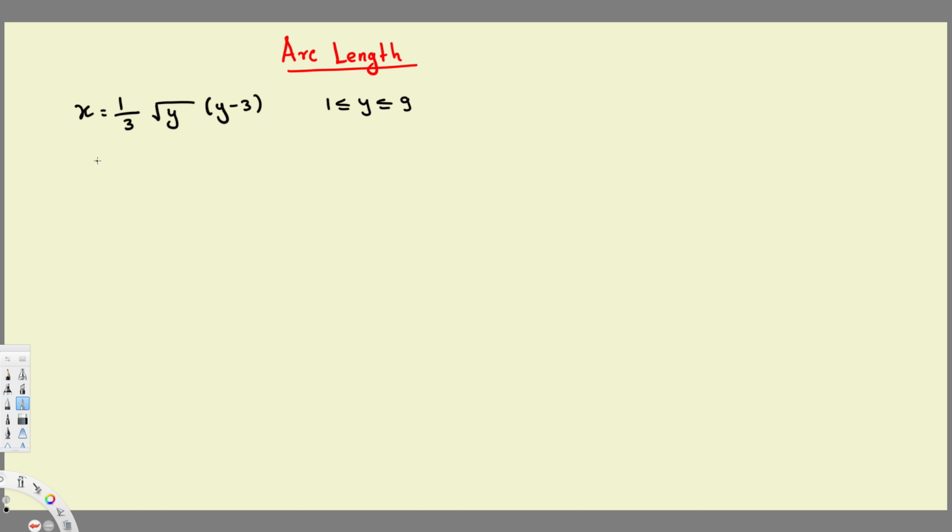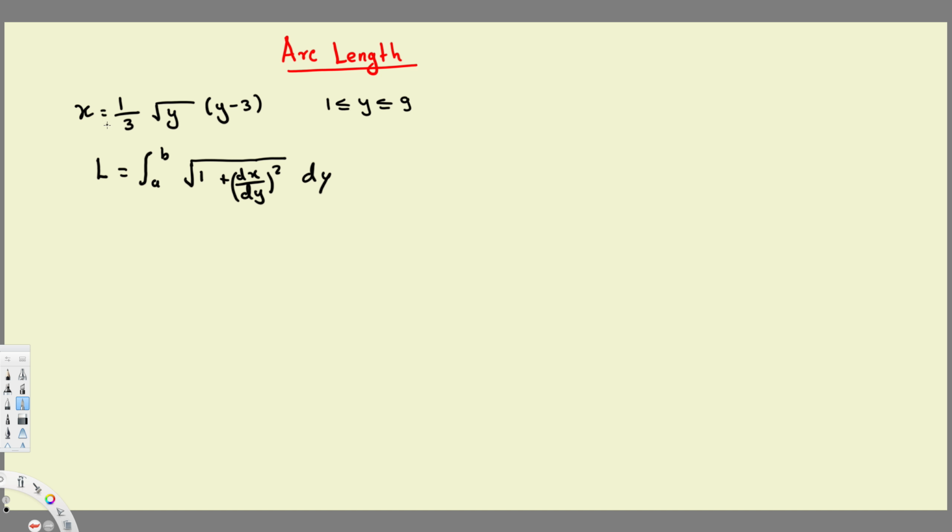The arc length L is equal to the integral from a to b of the square root of 1 plus (dx/dy) squared, dy. Usually you may have seen the equation of the curve given in terms of y, like y equals f of x.